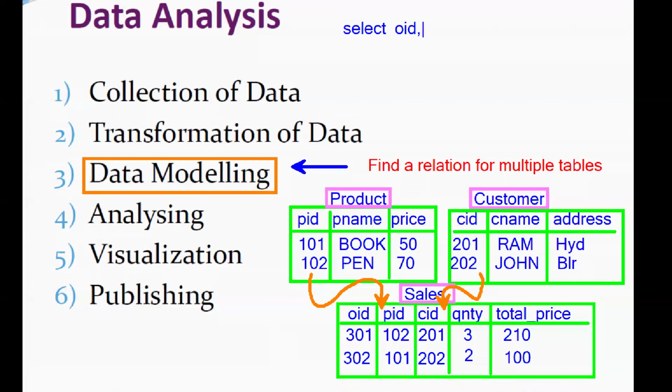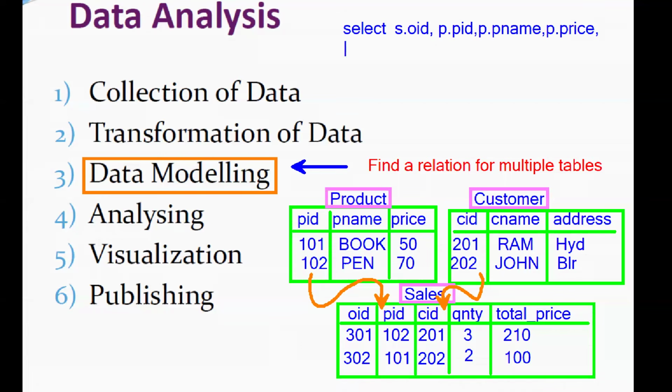order ID, product ID. Suppose order ID is from the sales table, right? So S dot order ID. And product ID is from the product table. So P dot product ID, P dot product name, P dot price.